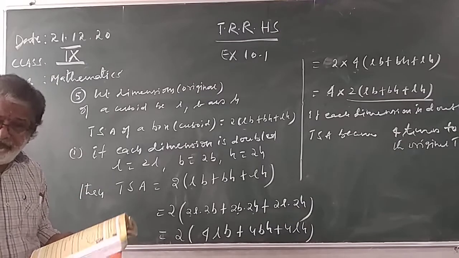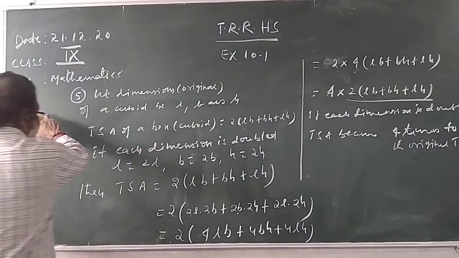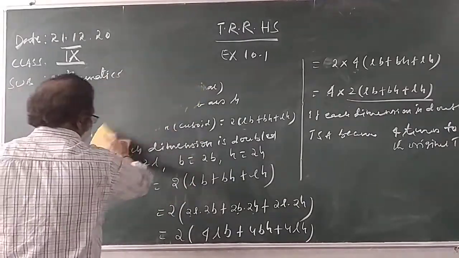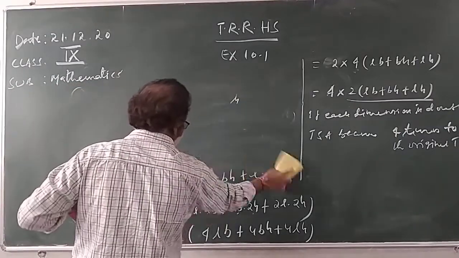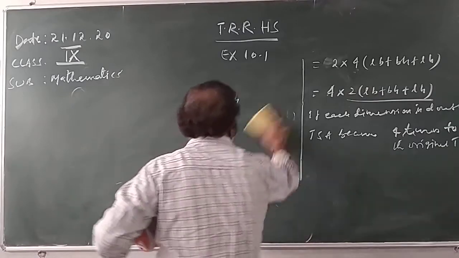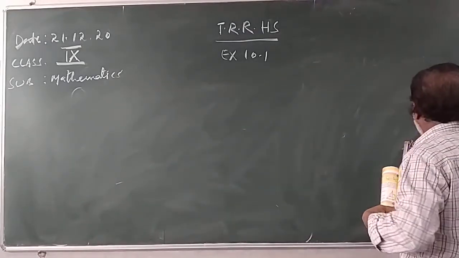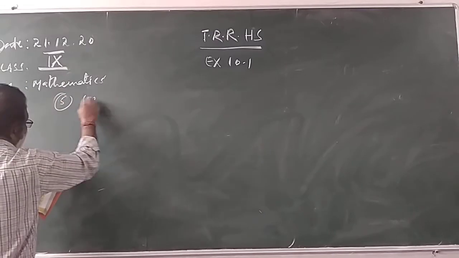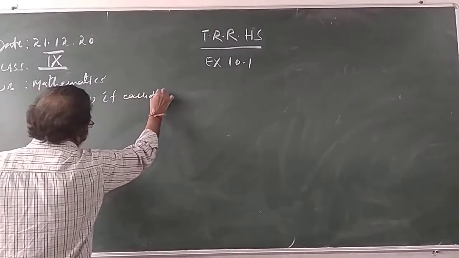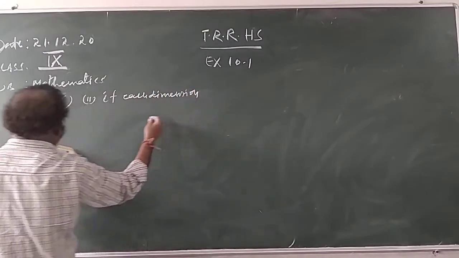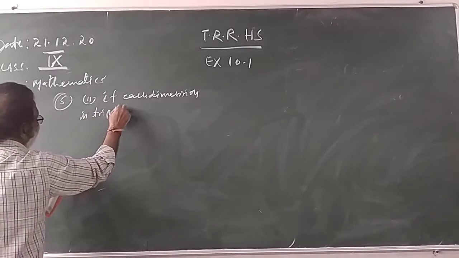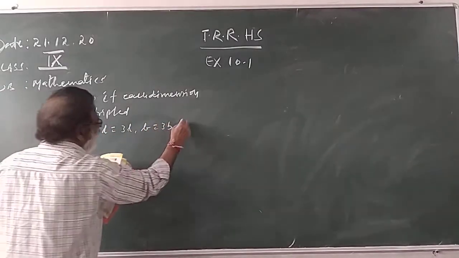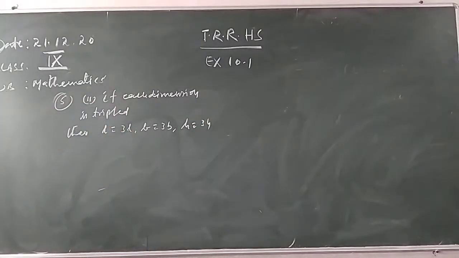L becomes 3L, B becomes 3B, H becomes 3H. If each dimension is tripled, then L is equal to 3L, B equal to 3B, H equal to 3H. Do it.